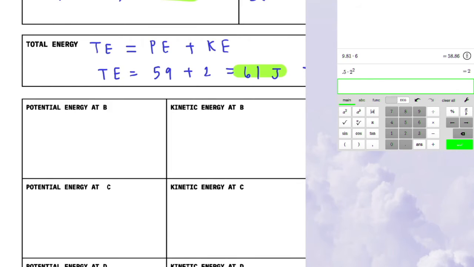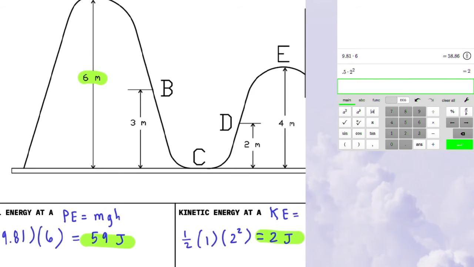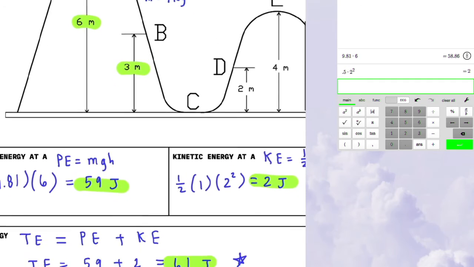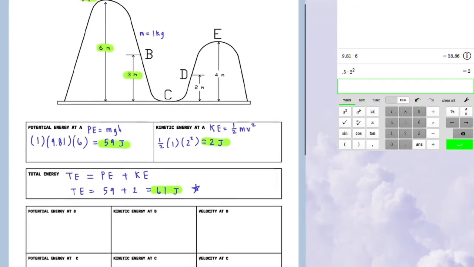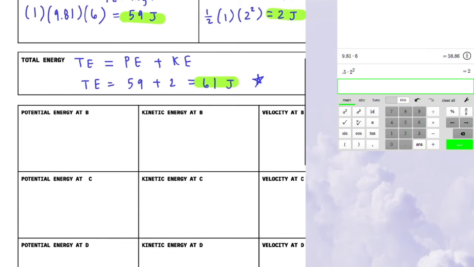So potential energy at point B. We have all of the information that we need. We know that the mass is still going to be 1 kilogram, and we're given the height, and we know the acceleration due to gravity, or g, is going to remain constant. So we could easily get the potential energy for all of these.